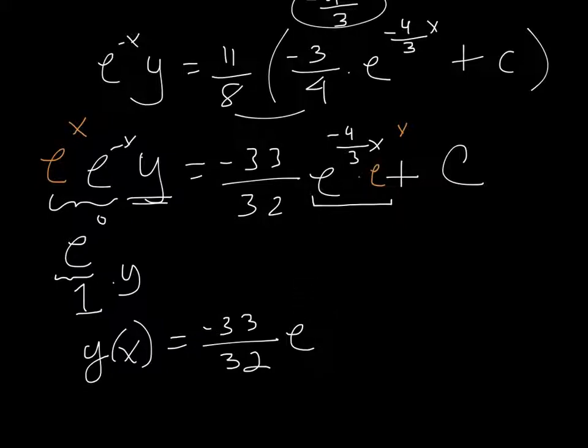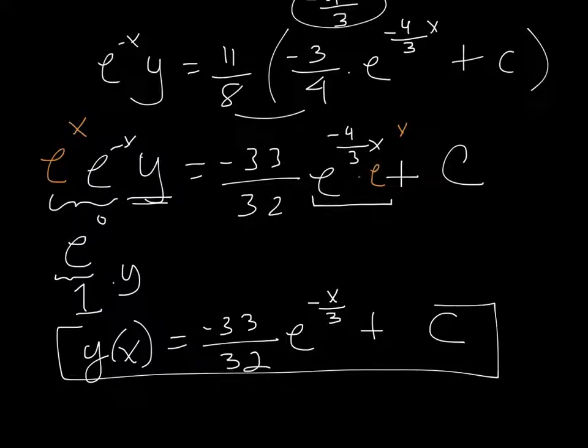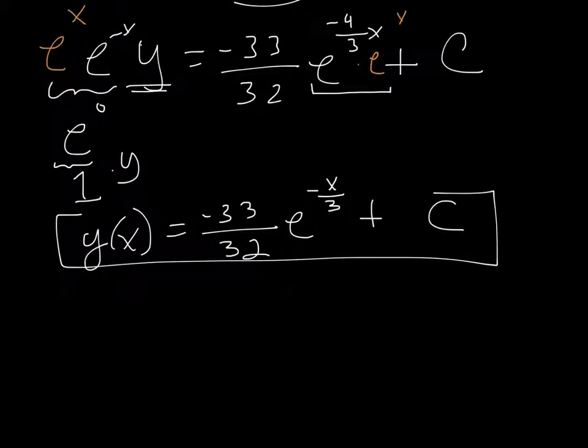I'll just write it as negative x over 3. So that is our solution. This is a general solution because we still have our constant c. But since this was an initial value problem, we have to use our x naught and y naught. So we're almost done.